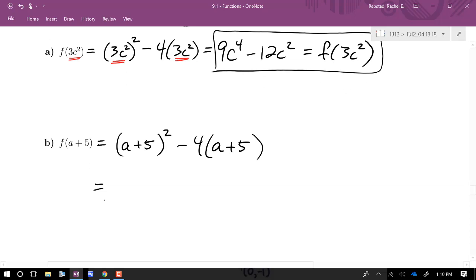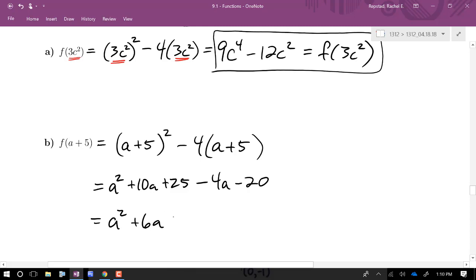A squared plus 10a plus 25. Yes. We are all getting very good at resisting the temptation to distribute exponents over addition. And then we just distribute this negative 4, so we have minus 4a minus 20. And now the only thing left to do is combine like terms. So we get a squared plus 6a plus 5.